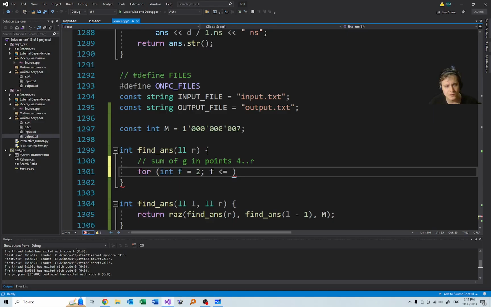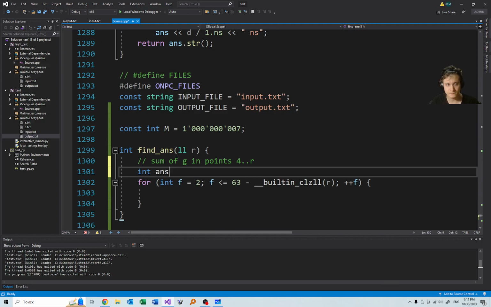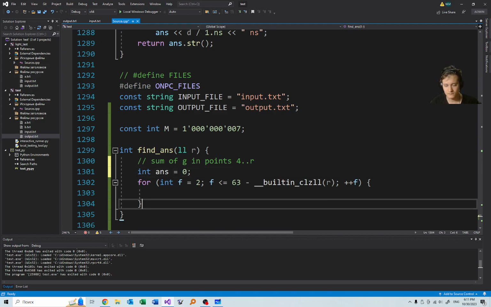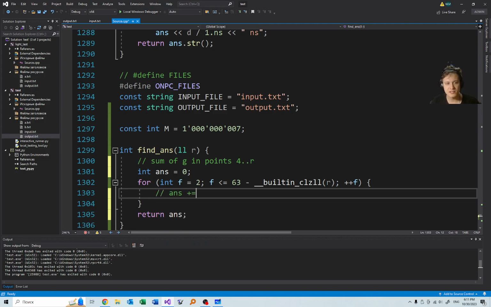Which is built-in CLZLL of R and 63 minus that. And for each of them, we want something like ans plus equals ans of f.